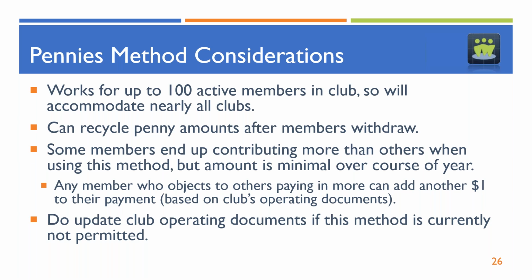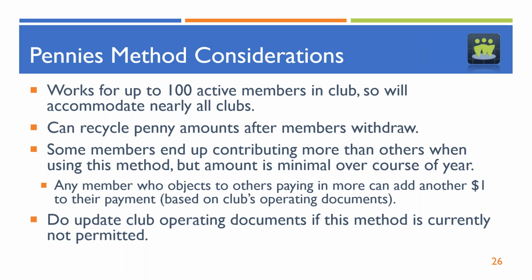After members withdraw, you can recycle those penny amounts, and it is true some members using this method may end up contributing more than others, up to 99 cents more than another member in a particular month. That's pretty minimal over the course of a year. And of course, your club, if you're using this method, must permit members to make contributions of varying amounts.